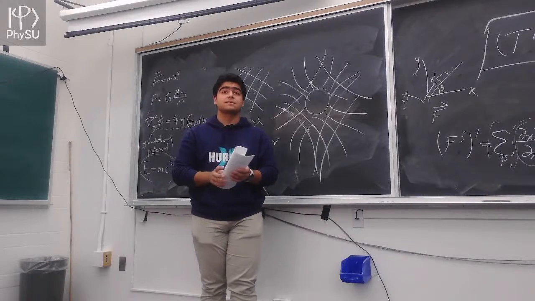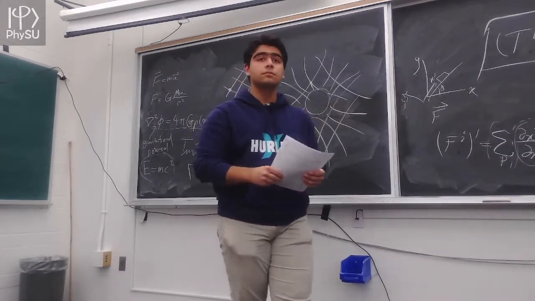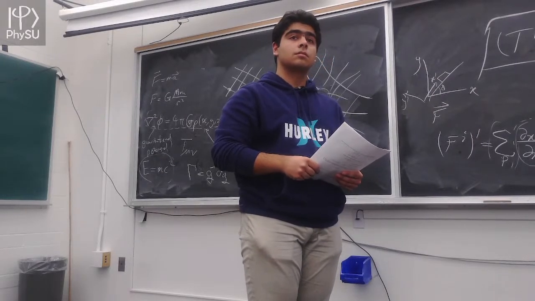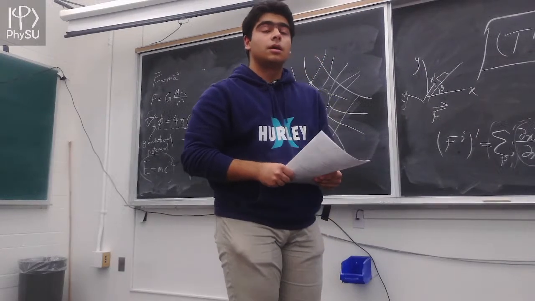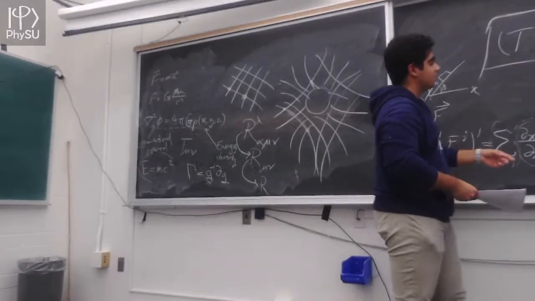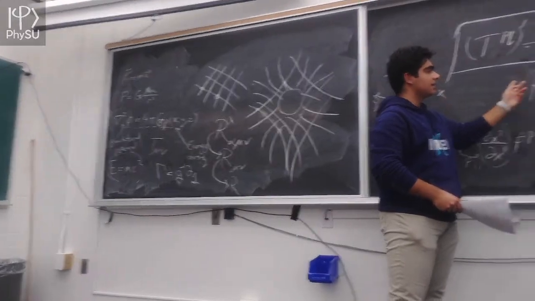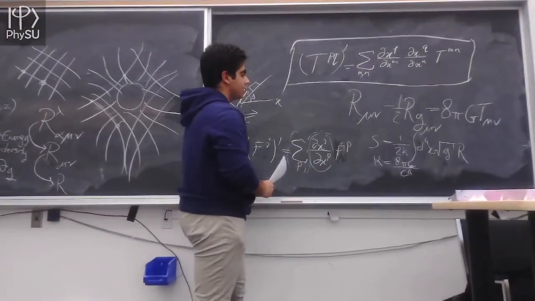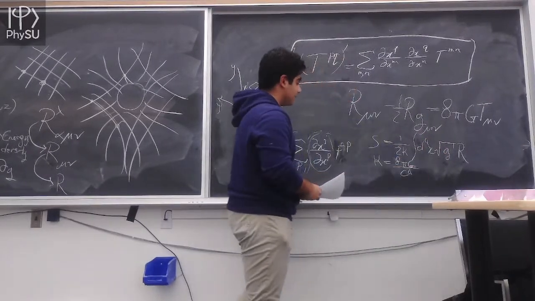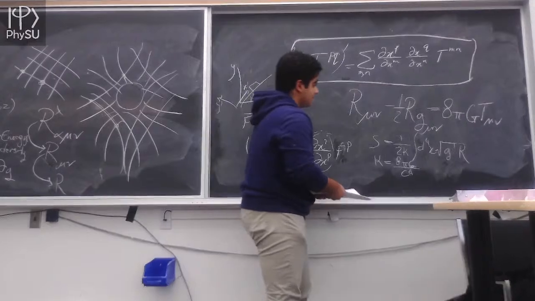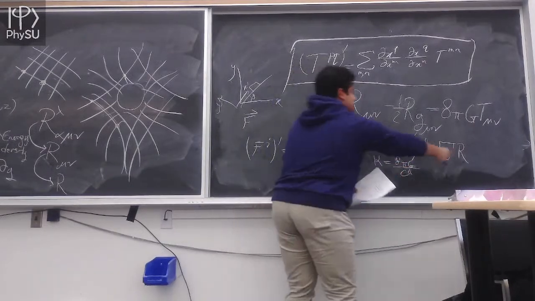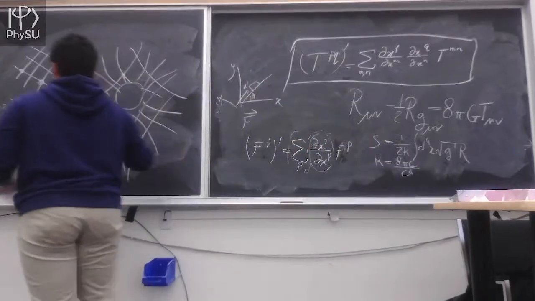Any other questions? The question is, how can I explain the connection between the least action principle and the metric tensor? The least action principle is a thing in classical mechanics. You can actually use it to derive the geodesic equation.